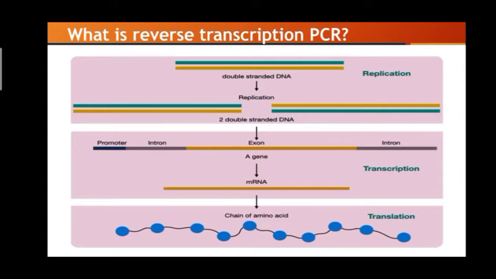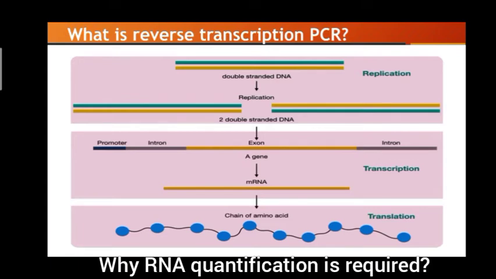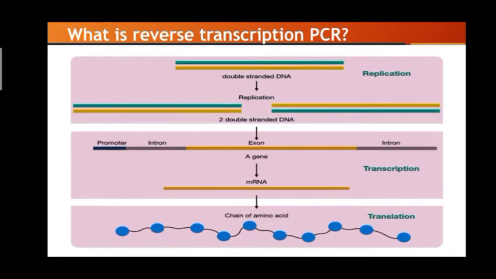We know that to study mutation or genotyping, we usually use DNA. Then, why is RNA quantification required? Total genomic DNA has coding and non-coding sequences. The coding sequences are known as genes, which also have exons and introns. During translation, the amino acids can be formed only from the coding region, which forms the exon.